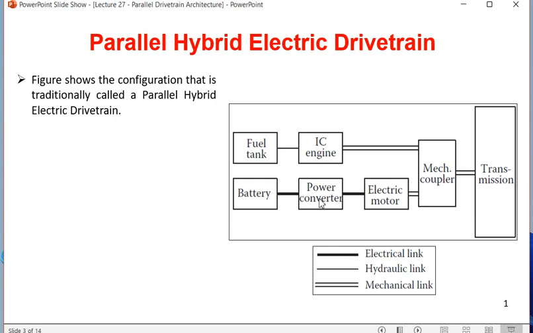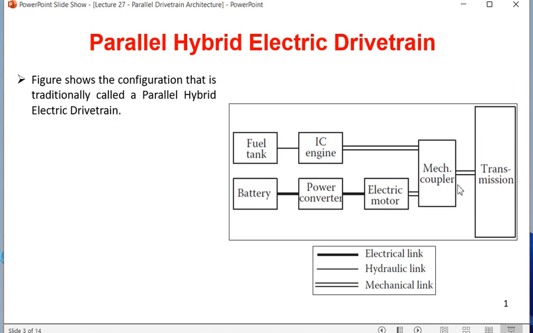Depending on the type of the motor, DC or AC, the power converter generates a DC or AC electrical signal that is driving the electric motor. Whenever it's a motor, we know that input is electrical, output is mechanical. So there are two mechanical outputs: one from the primary source, that is the engine, and another from the battery after conversions, which is also a mechanical power source. These two mechanical sources are getting coupled at the mechanical coupler.